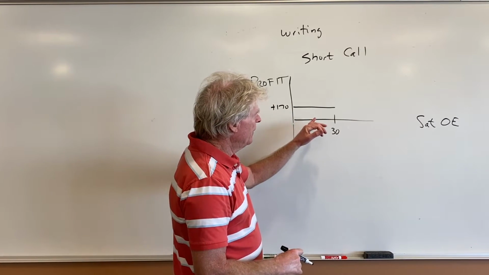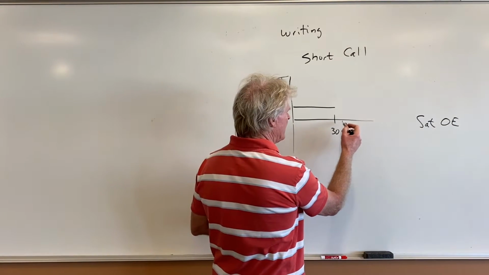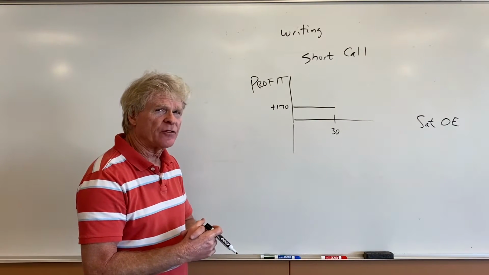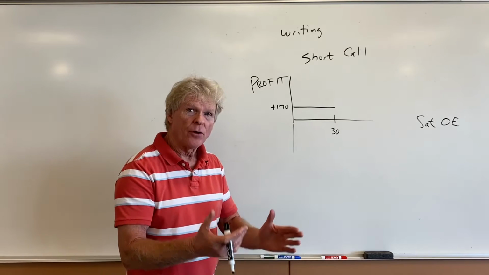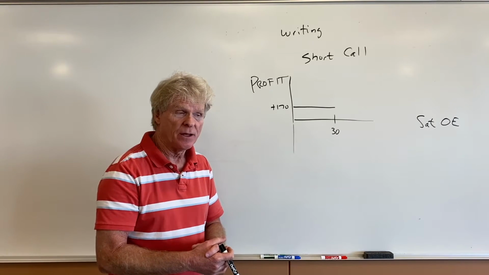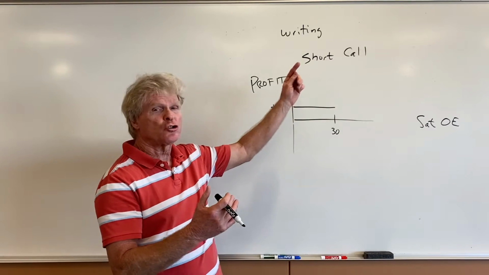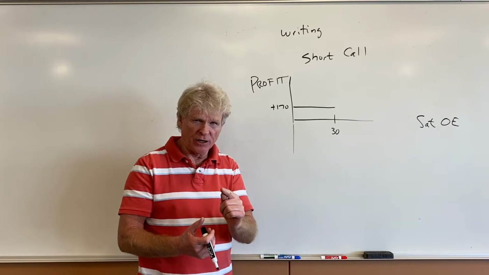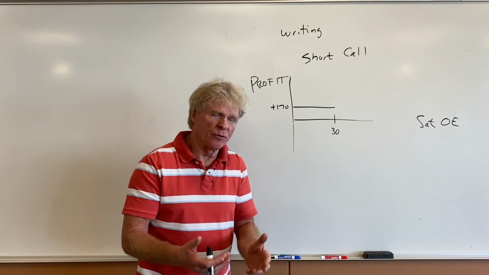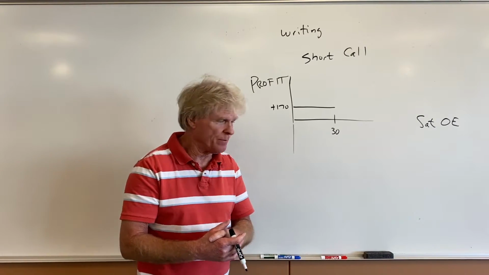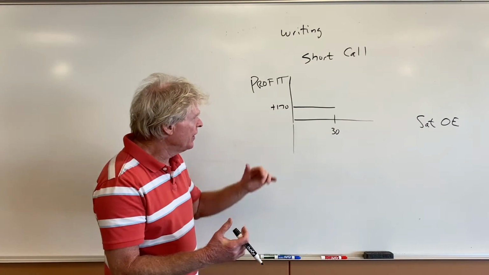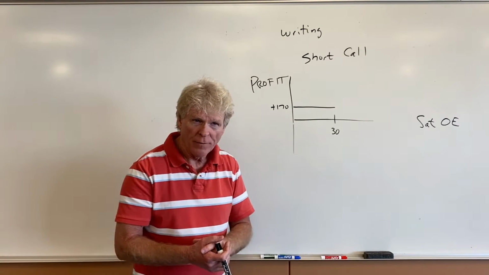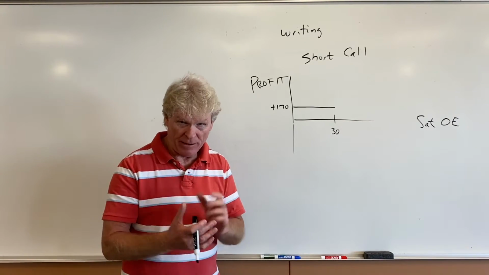Now, if the stock price at option expiration is, say, 31, that means this option is going to be worth $100 at option expiration, but we don't own the option, we're short the call. And if the option has a value of $100 a minute before option expiration, this person that wrote the call could then close their position in the call by buying the call.